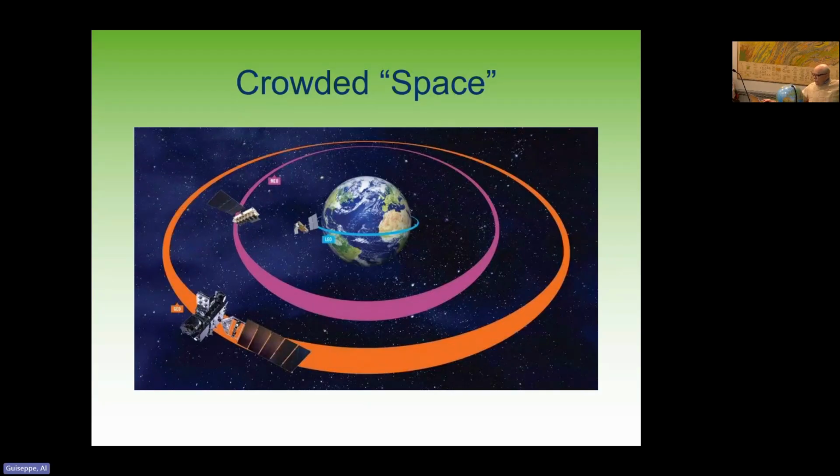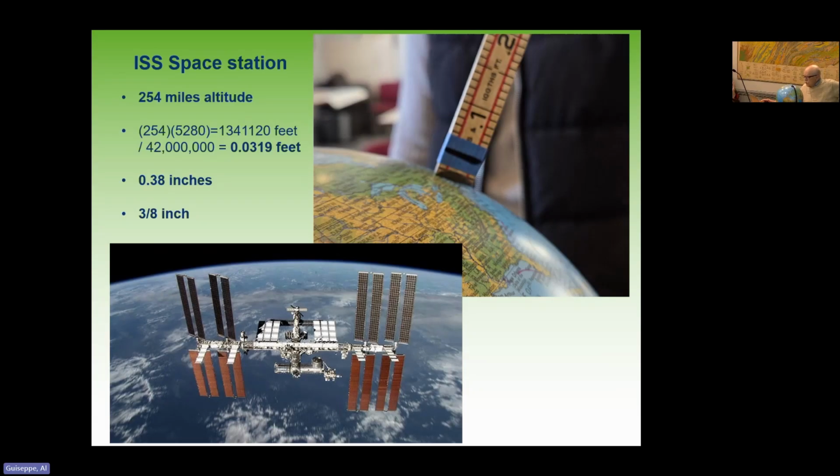So we're going a little further out here. The International Space Station is at 254 miles altitude, and it's really zipping around.